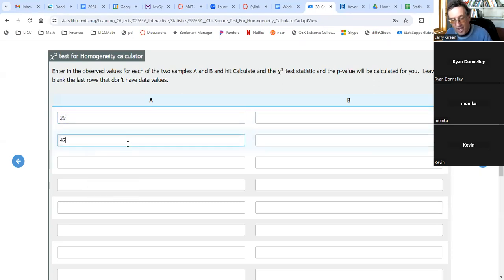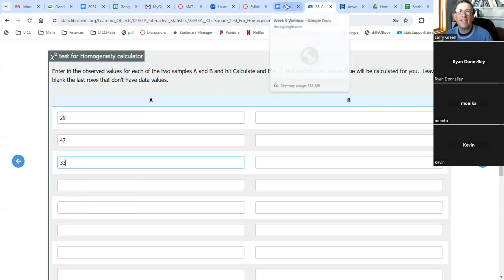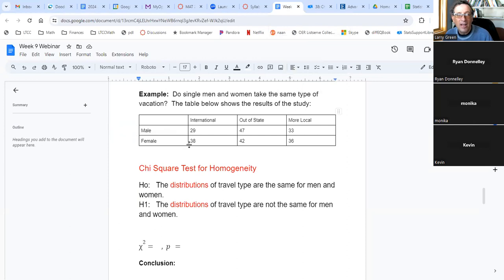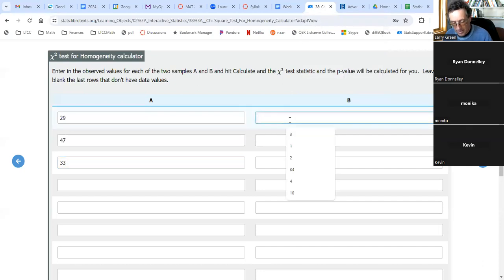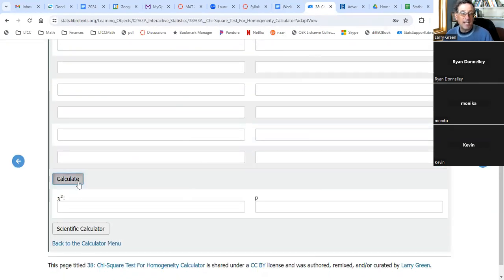And then the second column should be the second row, 38, 42, 36. Remembered it right. 38, 42, 36. Just scroll down and hit calculate.